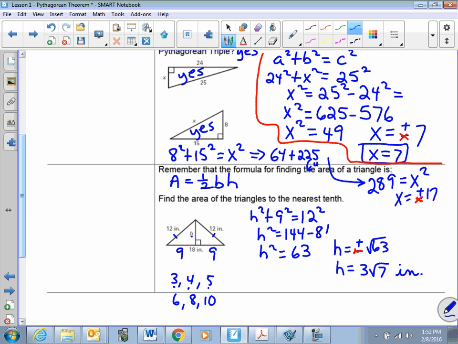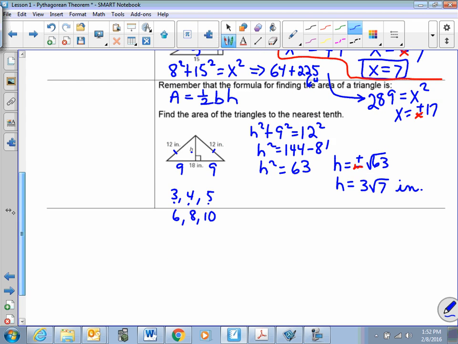All right. Oh, not too fast. I'm looking for the area. That's just the height. I was about ready to draw a box around it. So what is the area? So if h is 3 times the square root of 7, and I'm going to assume I want the area of this entire triangle, so 1/2 the base is 18.